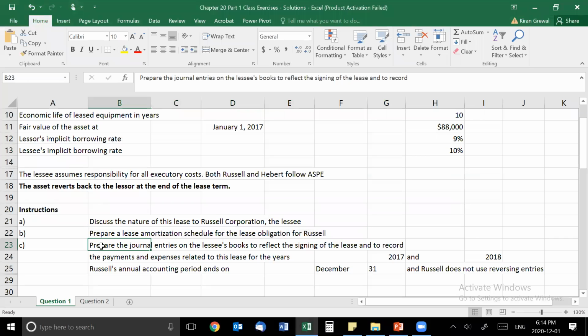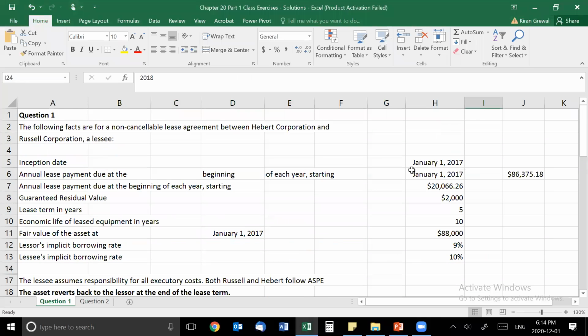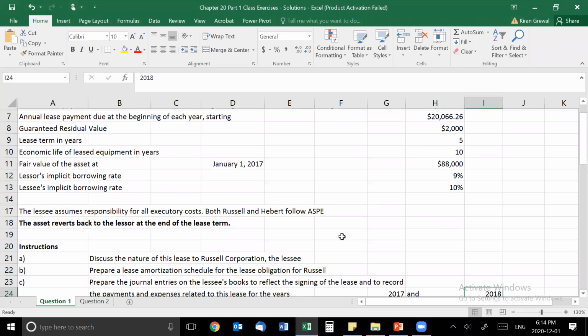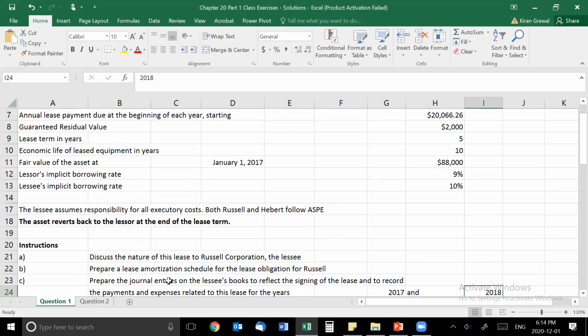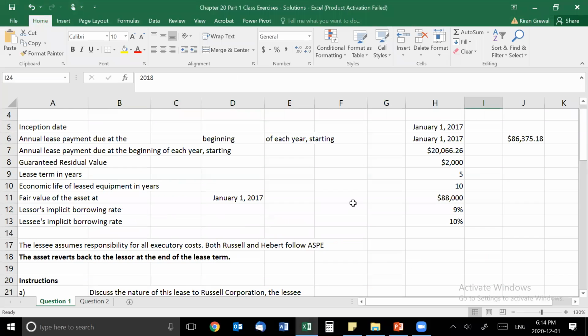And then part C, prepare the journal entries on the lessee's books for 2017 and 2018. Okay, so it starts in 2017. So again, pause this video, go through B and C, try to do an amortization table and the journal entries, and then you can unpause the video and see if you did it right. Okay, so let's take that up.